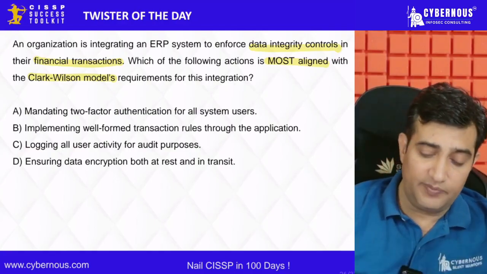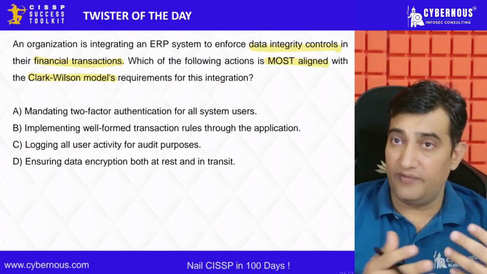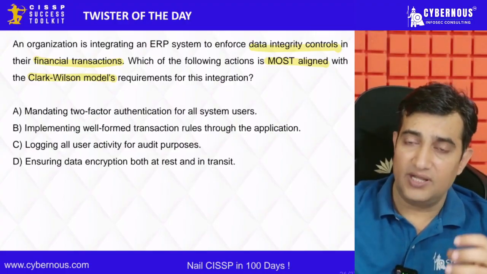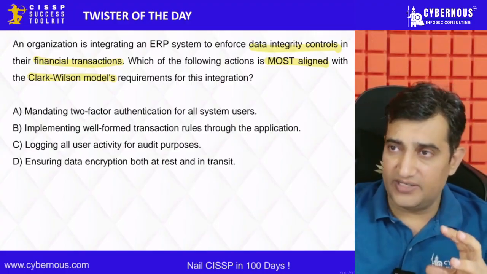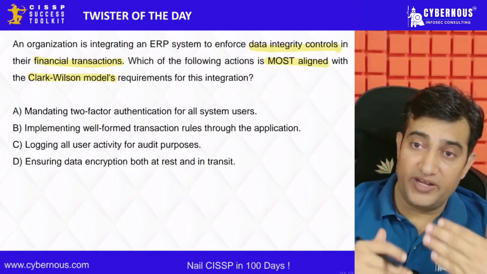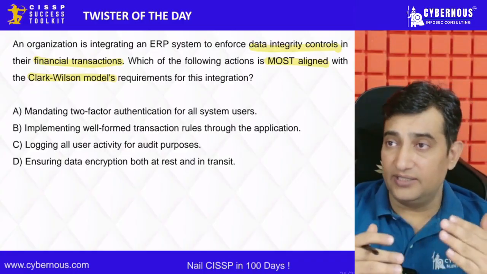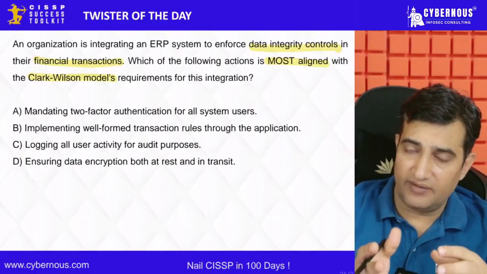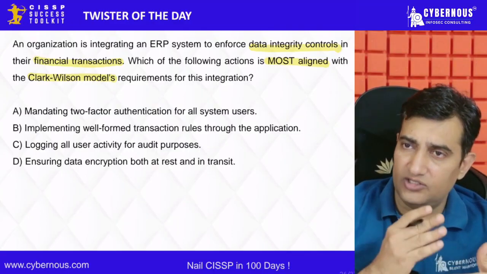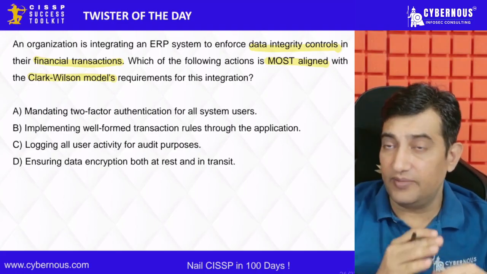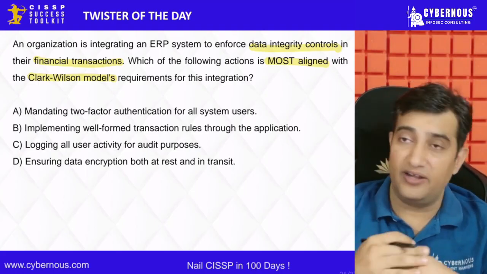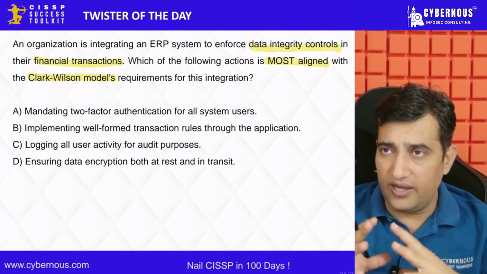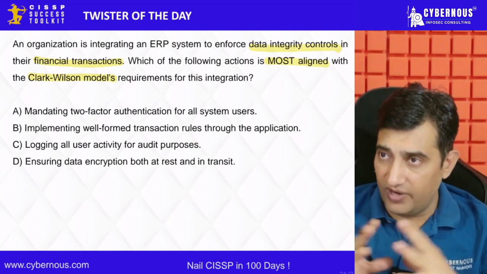When this user has to go through this entire process of security verification, it also makes sure the data is fed as per the requirement of the system itself. So at the end of the day, this UDI, the unconstrained data item, gets converted into a constrained data item, and the entire process is completely well formed.